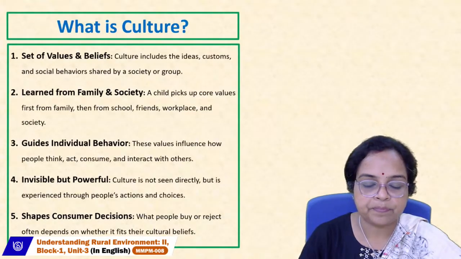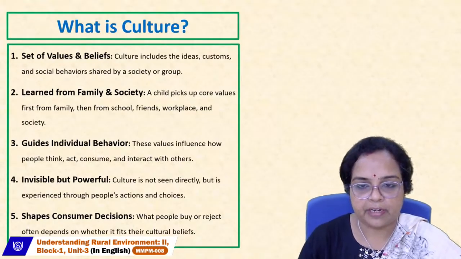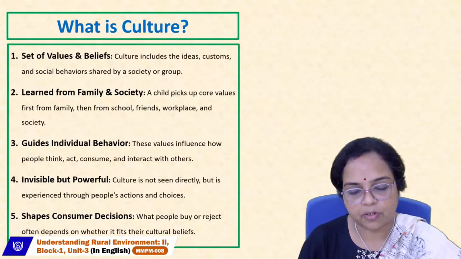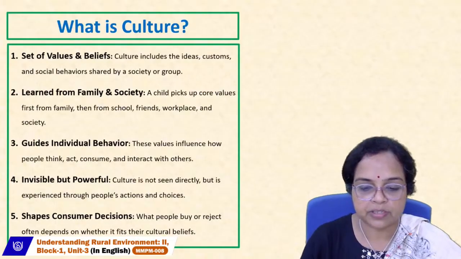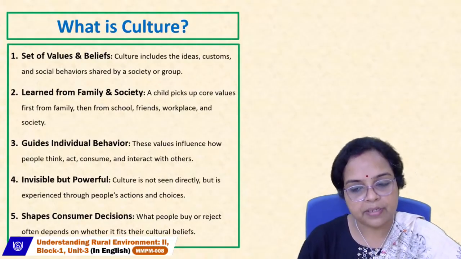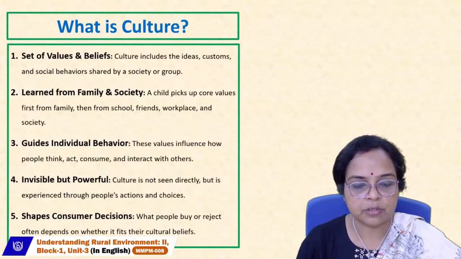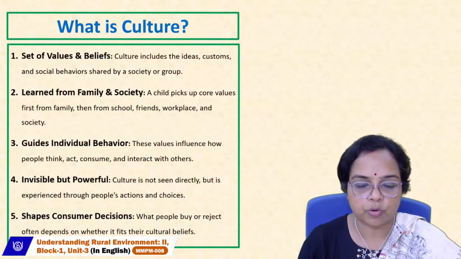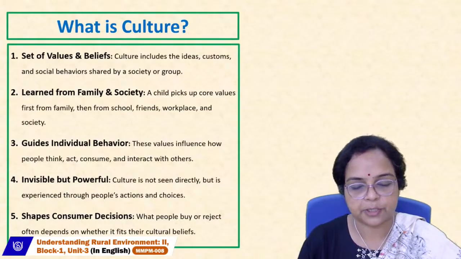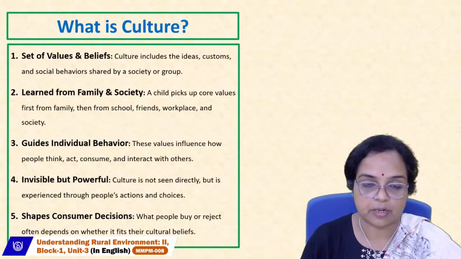For example, in the northern belt of India, Diwali is a popular culture. Why is it popular on the north side of India? Why is it not popular on the south side of India? Because people in the north belt think it is an auspicious occasion to worship Goddess Lakshmi.